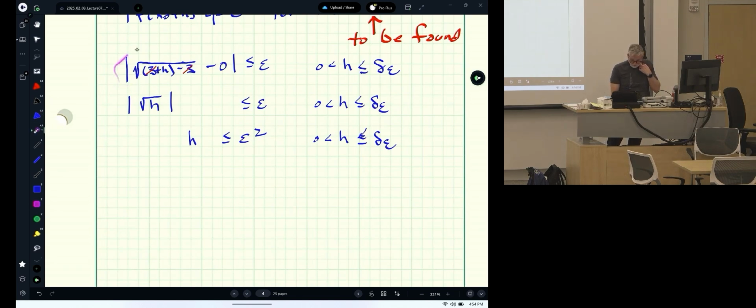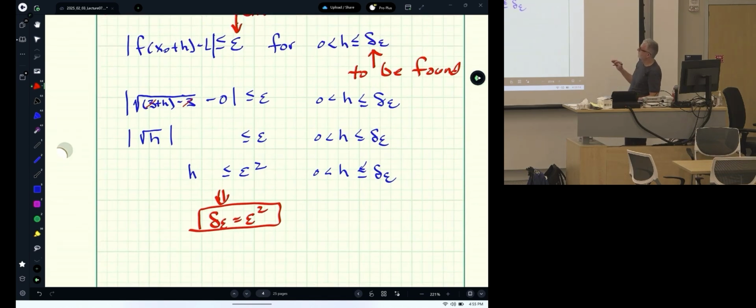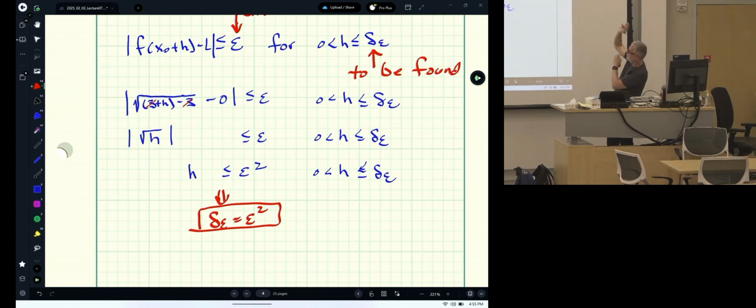We started out wanting to meet this criteria, and the condition on h is that it needs to be less than or equal to epsilon squared. So delta epsilon equals epsilon squared, and we're done. So write down the definition, plug in everything you know, apply algebra, compute delta epsilon.